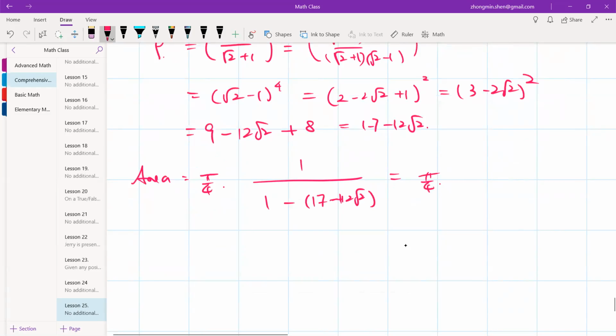So it's going to be pi over 4 and the 12 square root 2 minus 16. All right, so you can simplify a little bit, but this is a positive number. All right, so we studied mainly on the geometry problem today, and next time maybe we'll switch to another topic.